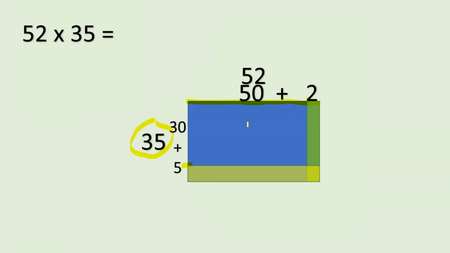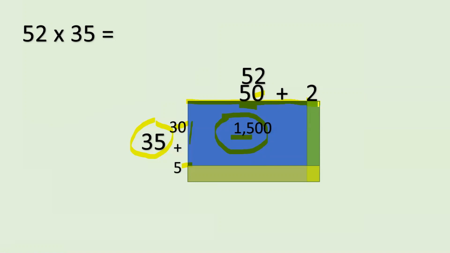Now, all we have to do is find the area of each box. So this box right here is 50 by 30. 50 by 30, remember the method, 5 times 3 is 15, and then add your zeros. So it's 15 with 2 zeros, 1,500. What about over here?